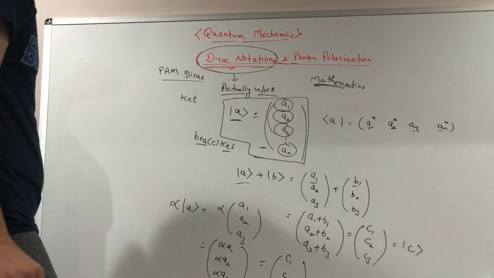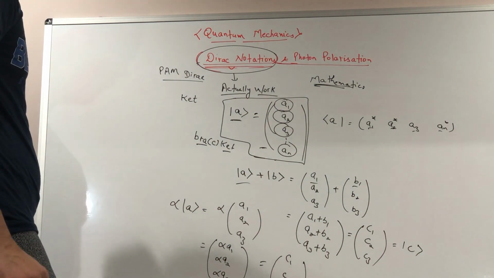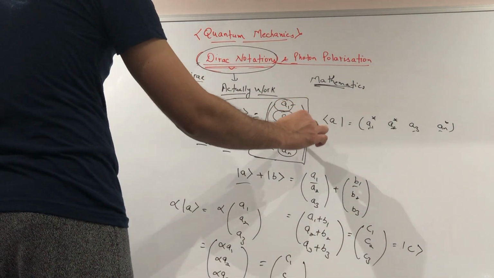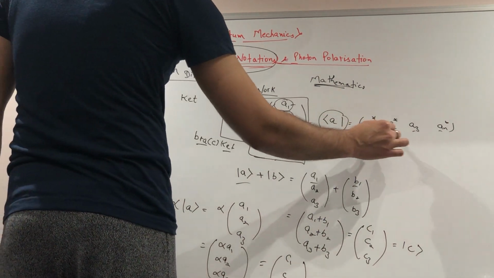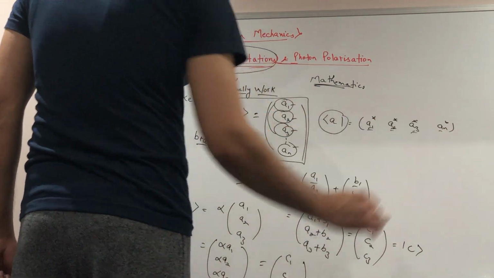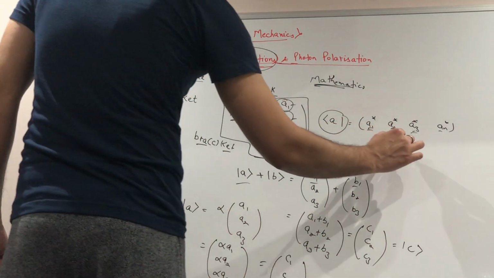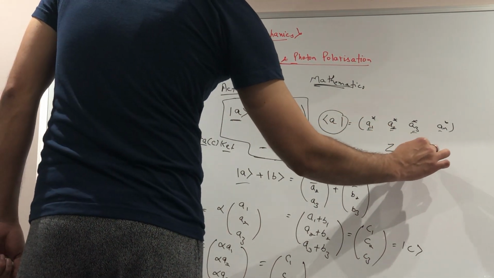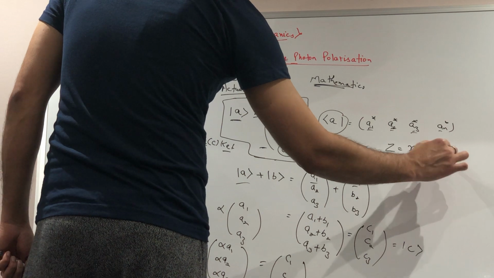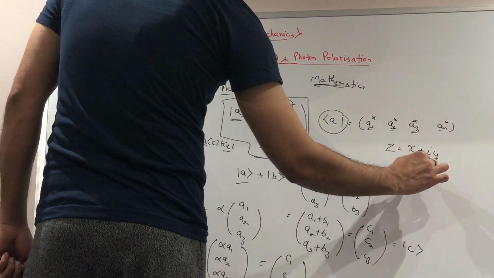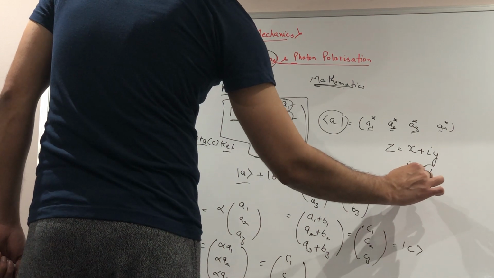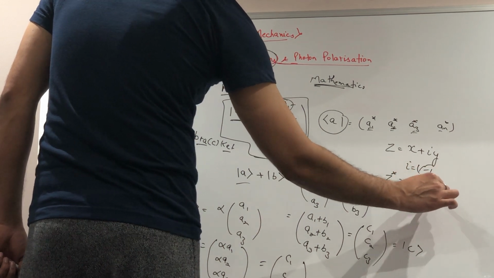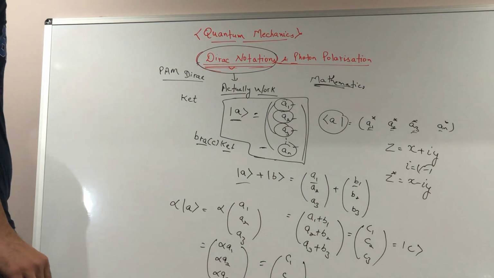One thing I forgot to tell you is that these A1, A2 can be complex numbers as well, because I have mentioned that the bra has elements which are the complex conjugates of these, and you are quite aware of what complex numbers are. A complex number can be written in the form x plus iy, where i is the imaginary number, the square root of -1, and its complex conjugate is represented by x minus iy.